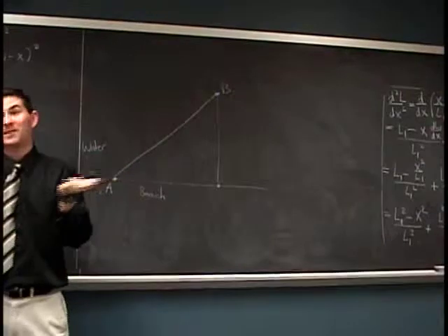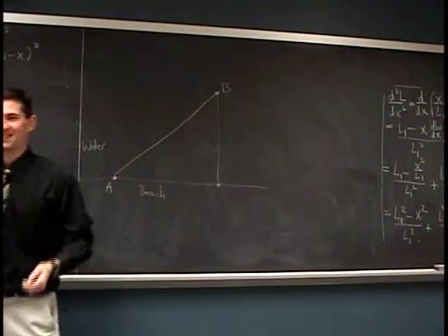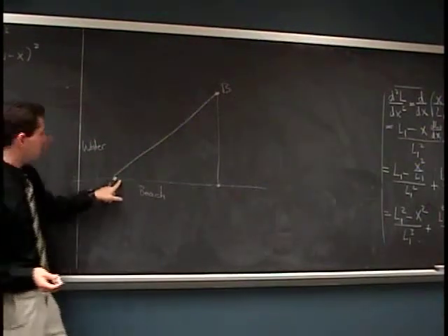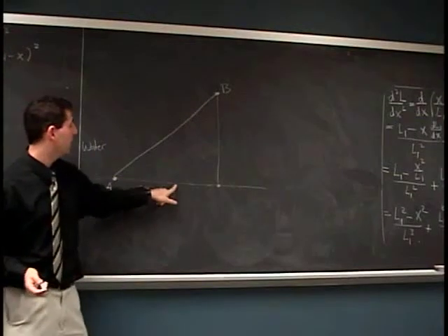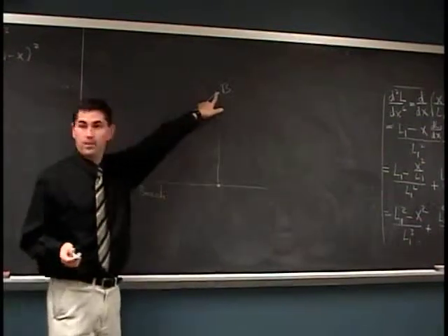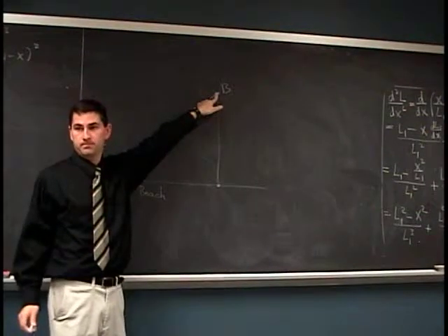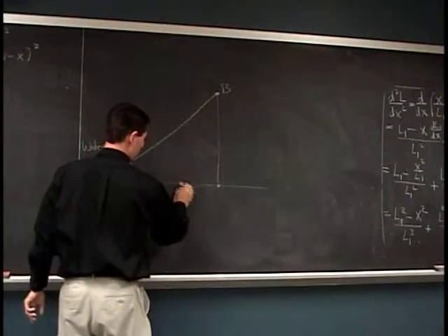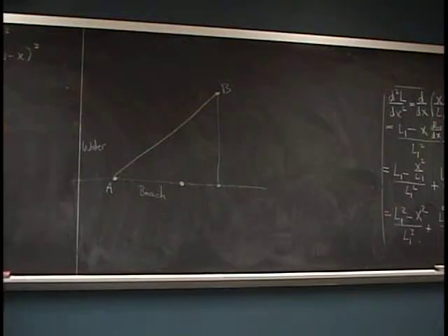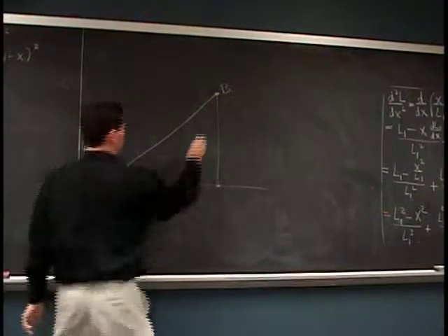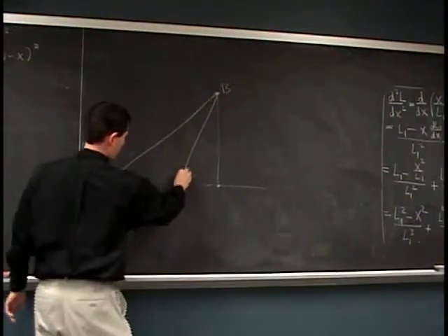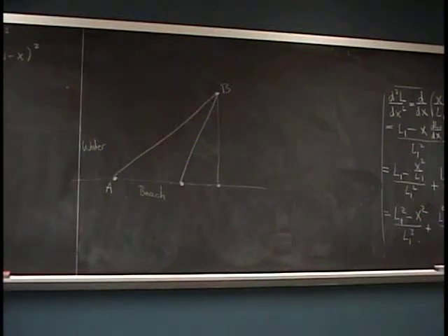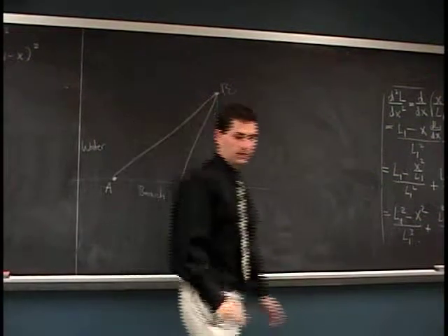The answer is always somewhere in the middle. And you can say, okay, maybe I should run part of the way and then jump into the water and swim to B. So you might be able to stop there. Okay, then jump in. So this is the question: what is the right way to do it?